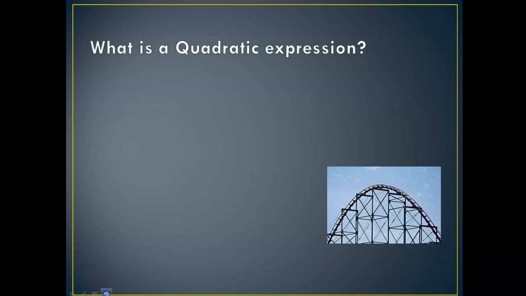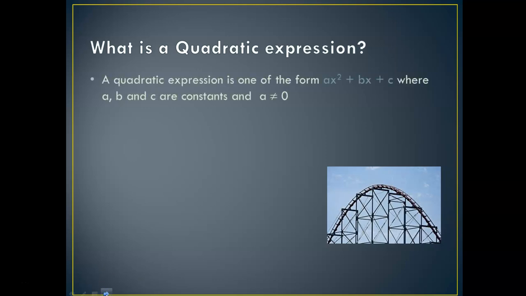What is a quadratic expression? A quadratic expression is one of the form ax squared plus bx plus c, where a, b, and c are not constants but real numbers.